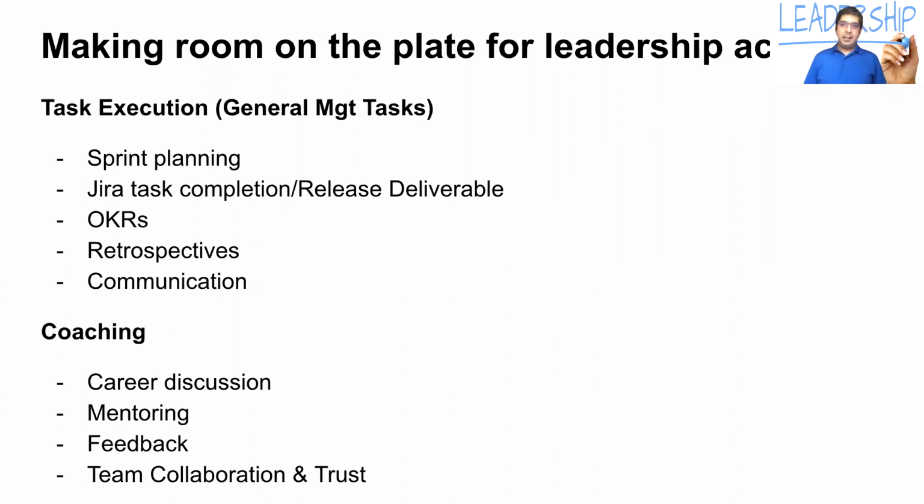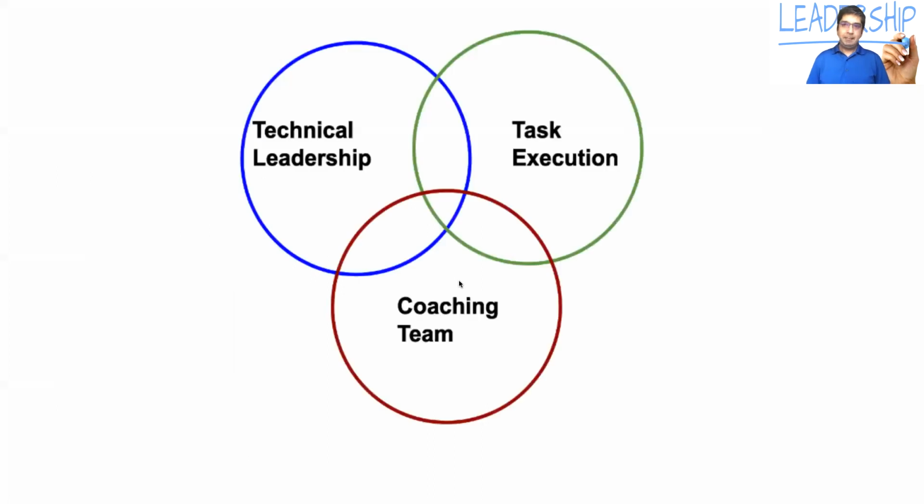And coaching is more in terms of applying your experience to help everyone in the team grow. This is where you're doing career discussions, providing mentoring, feedback, and also making sure that within the team, there is collaboration and trust.